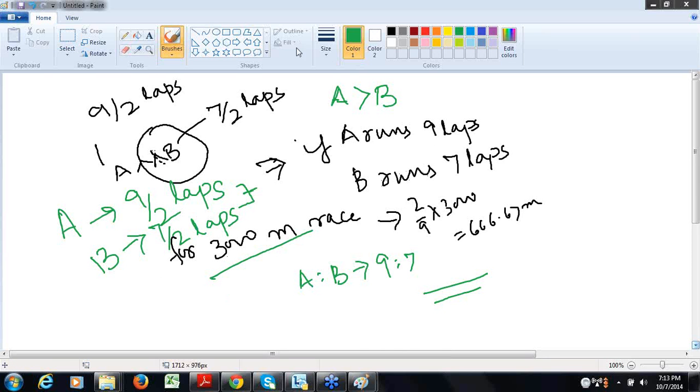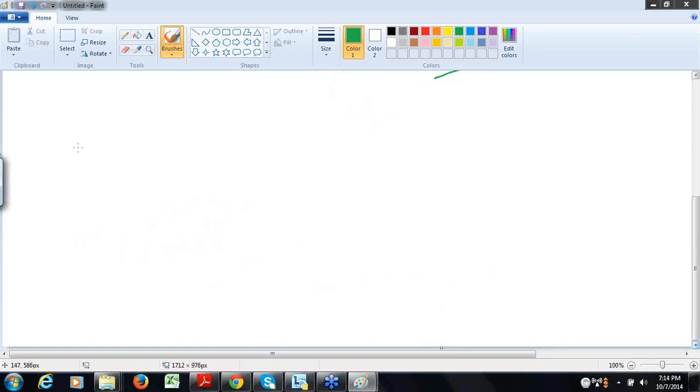So for a 3000 meter race... okay, I believe some people still have a problem. Let me explain it. See, A and B, middle of the fifth round, that means 4.5 round. So A is moving like this, and B is also moving like this.